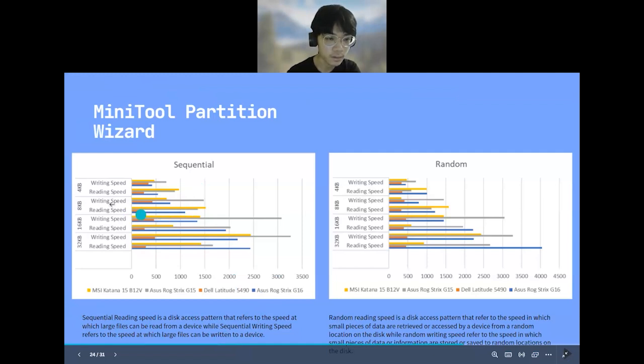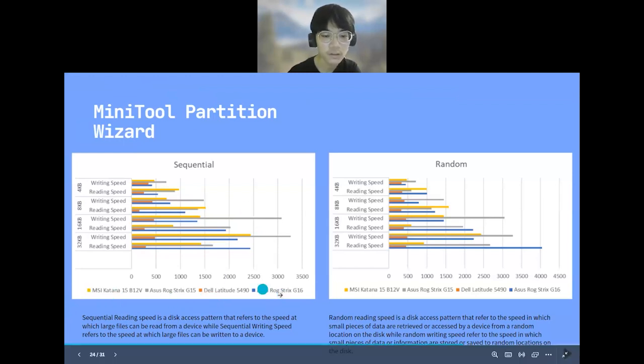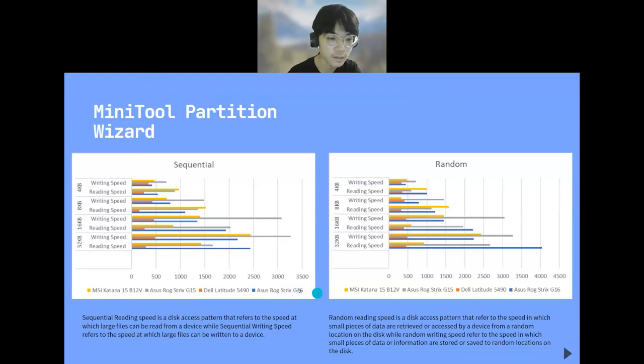So we can see from the bar chart, the ASUS Strix G15 always has the highest writing speed, while the ASUS ROG Strix G16 always has the highest reading speed, except for the reading speed at 32 KB.